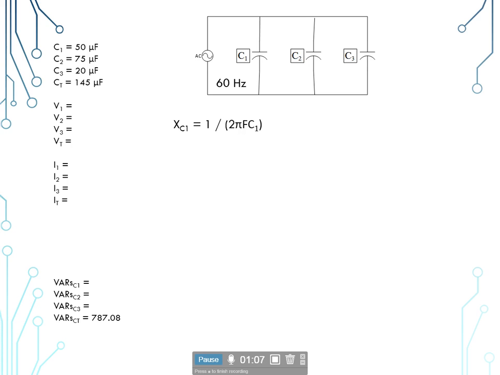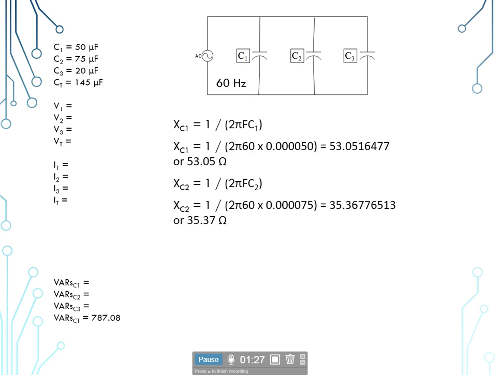So we'll take 1 divided by, open parenthesis, 2 pi times our frequency of 60 times 50 microfarads, giving us 53.05 ohms. For C sub 2, we use the same process. We just specify the capacitance of the second capacitor in line, which would be 75 microfarads. That'll give us 35.37 ohms.